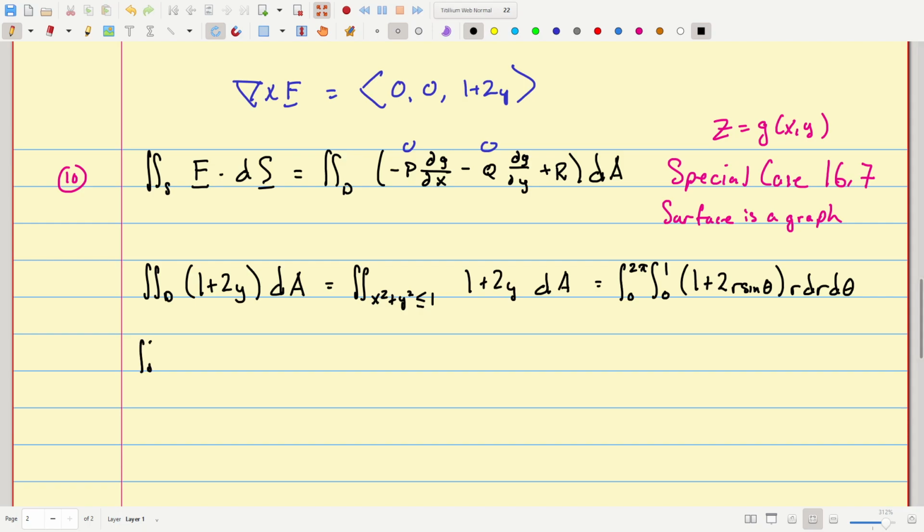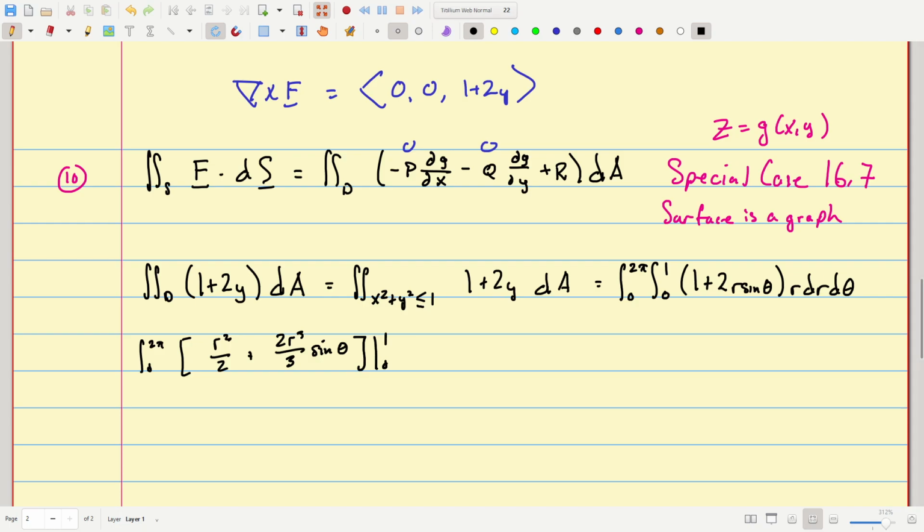We'll integrate with respect to r first. We can integrate term by term, so this isn't so bad. We distribute the r from r d theta, so that gives us r plus 2r squared sine theta. We integrate r to get r squared over 2, and then we integrate r squared to get 2r cubed over 3, times sine theta.